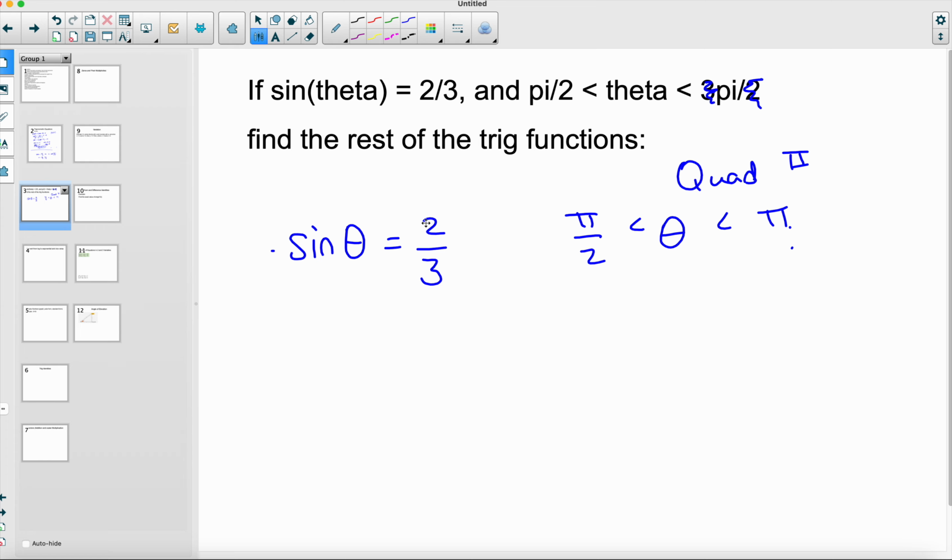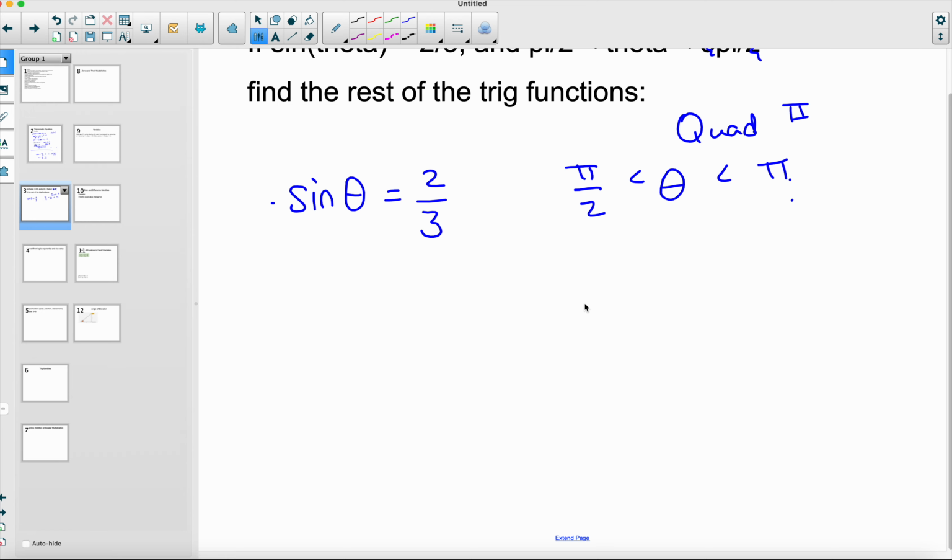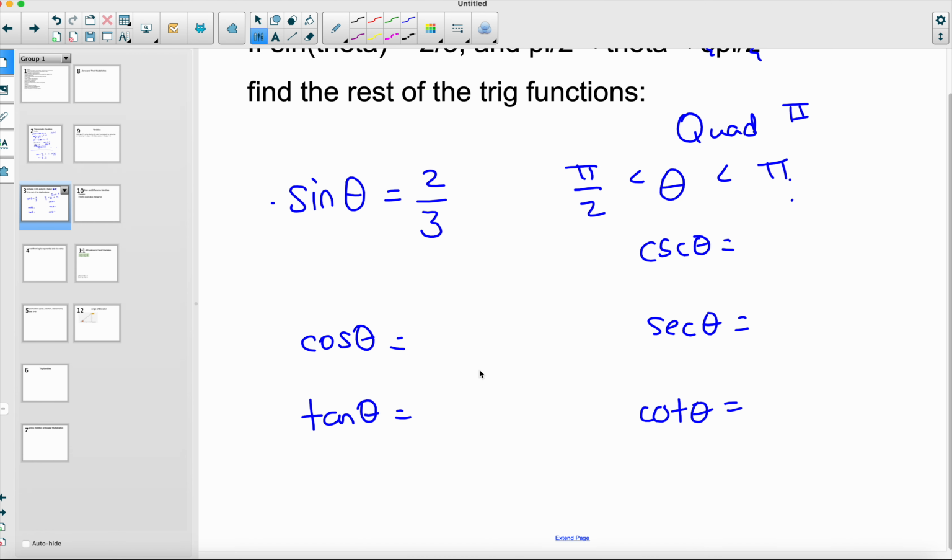Right? So they give you a trigonometric function equal to a ratio and the quadrant that angle is in. The quadrant is very important because it's going to tell you the sign of each of these trigonometric functions. So I want to find cosine, I want to find tangent. I might as well do the rest: cosecant, secant, and cotangent. So I can find all of these other trigonometric functions just based on one.